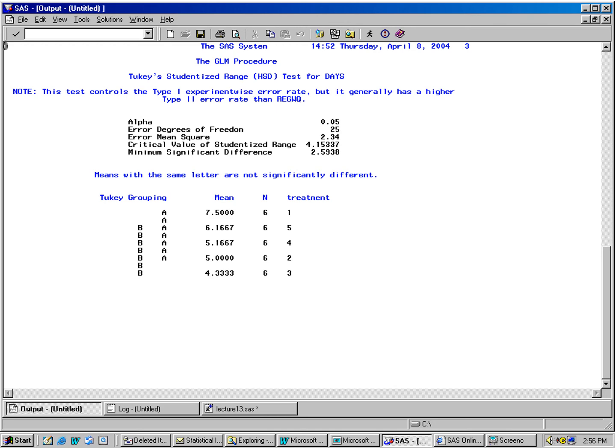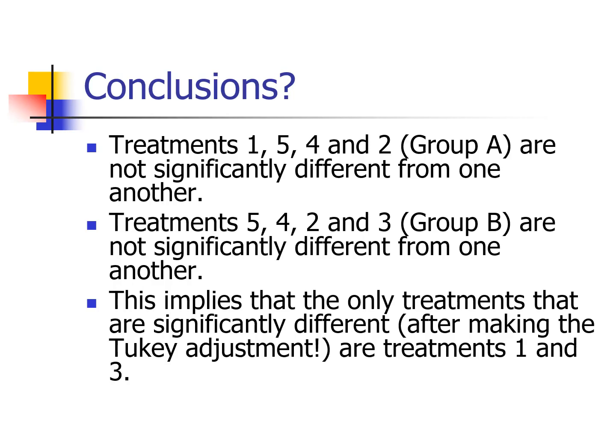And if they were all significantly different from one another, what we would see is an A, B, C, D, and E. Does that make sense, hopefully? So here we are. Treatments 1, 5, 4, and 2 are group A. They're not significantly different. Treatments 5, 4, 2, and 3 are in group B. They're not significantly different, which implies that the only treatments that are different after making our Tukey adjustment are 1 and 3.